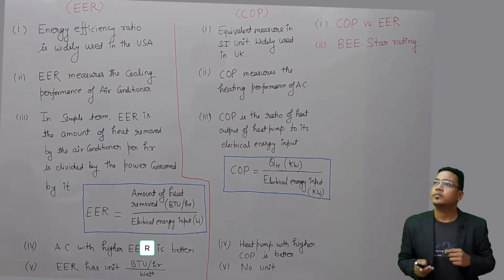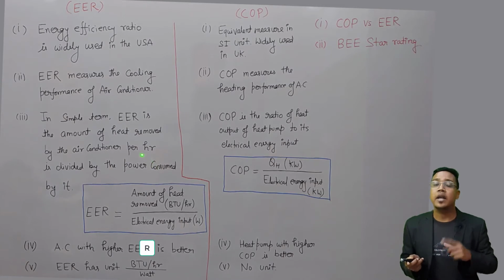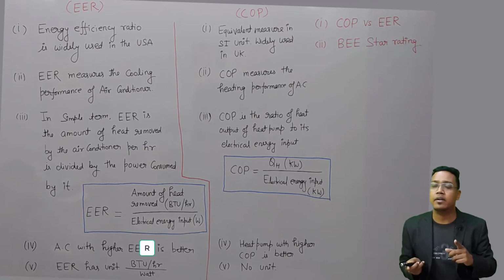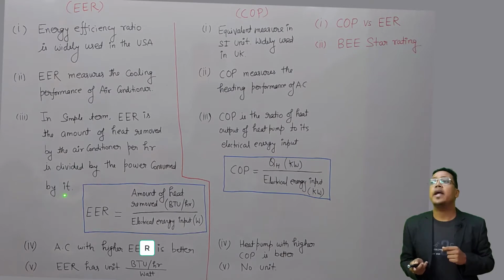Now, in simple terms, EER is the amount of heat removed by the air conditioner per hour. Remember this word, conditioner, and per hour you have to remember. It is divided by the power consumed by it.